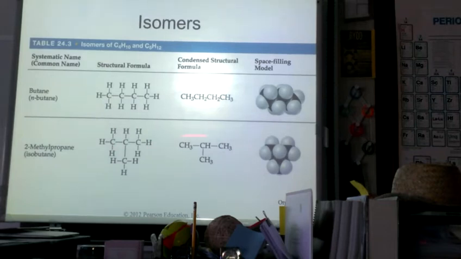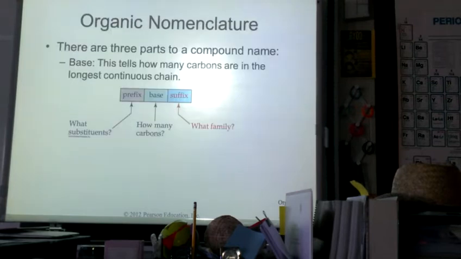I can look at the structural formula, or it's probably easier to see the condensed structural formula here. Ultimately they're the same molecular formula, but their structure is different. So these are called isomers. We'll also get into, probably later on, trans versus cis isomers, but we'll get there.